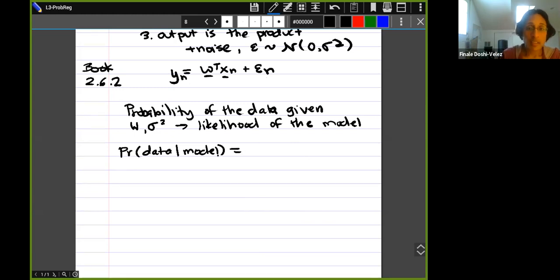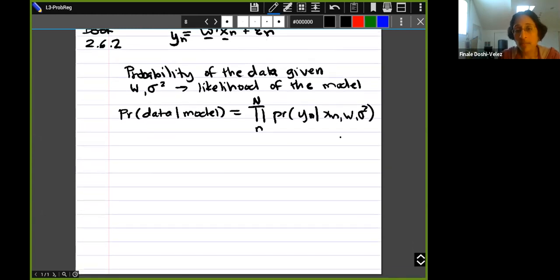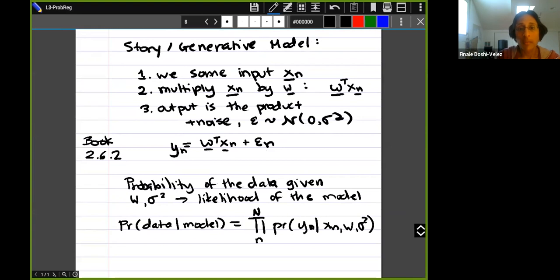And that's going to be equal to the product over the entire data set of the probability of yn given xn, w, and sigma squared. So far all I've done is assume that every point is IID, and that was part of my story: some input xn came along, we multiplied it by w, we added this epsilon, and I should have said epsilon here is IID, and we added that on.